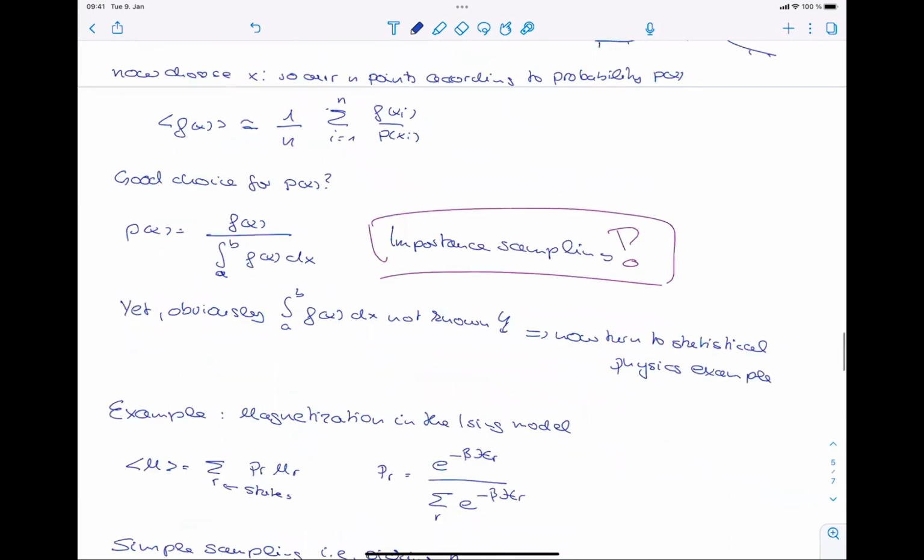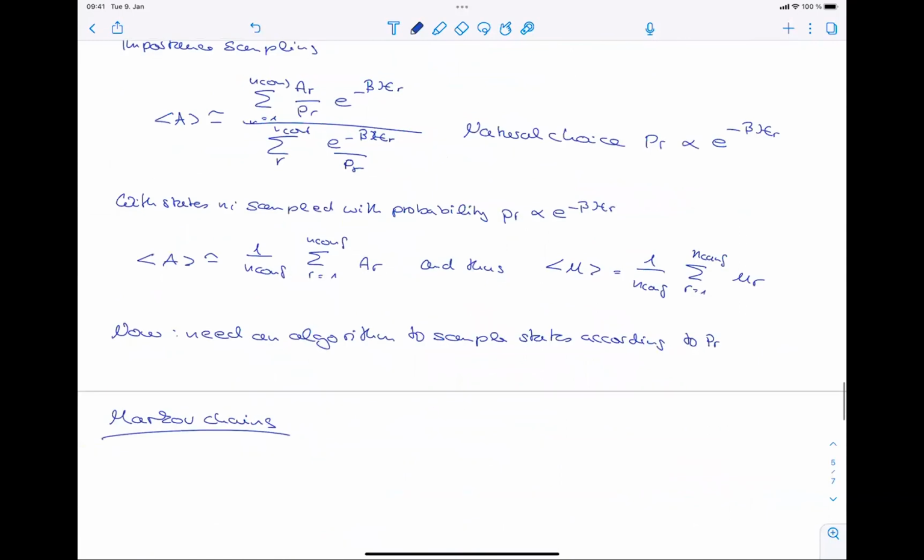And now what we want to do to sample a statistical ensemble of a system nicely is to draw our states with a probability given by the Boltzmann weight, such that we draw more states that have a large Boltzmann weight and only a few states that have a low Boltzmann weight, because they don't contribute.